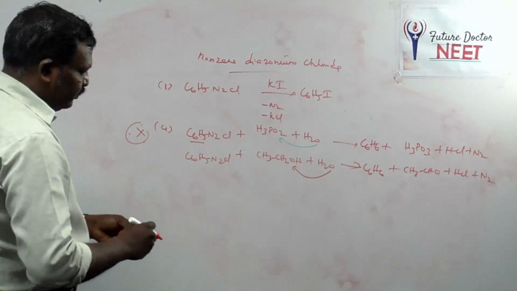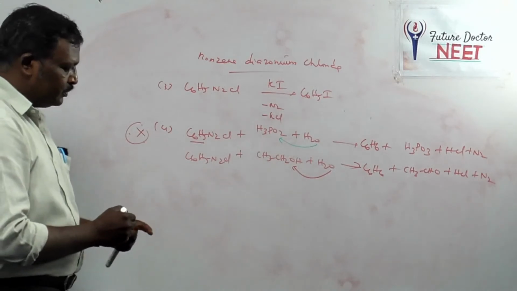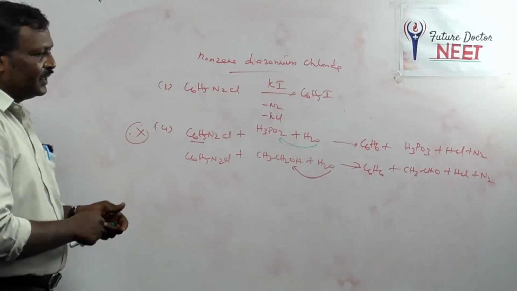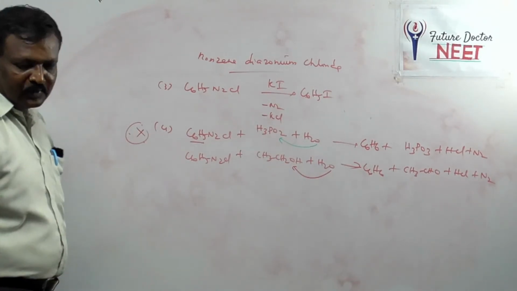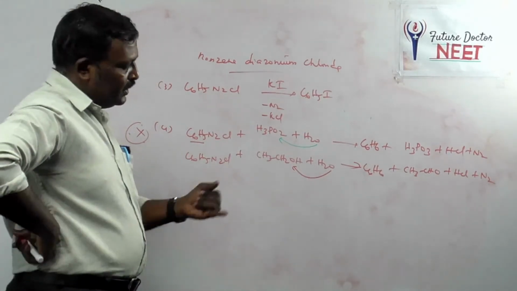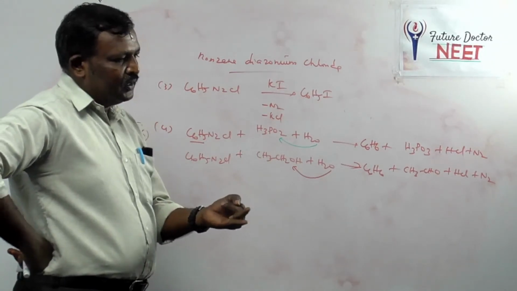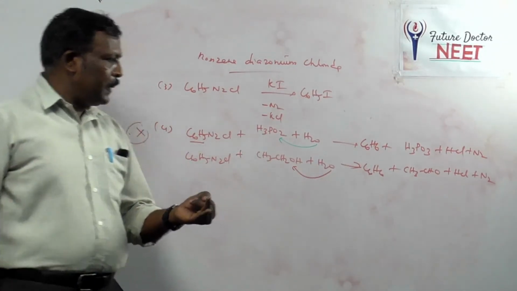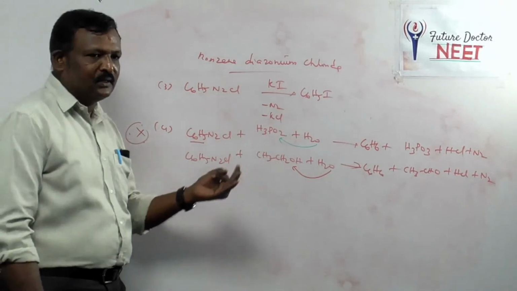Copy them. Name of the reaction? There is no name for this reaction. It's not a naming reaction, but it is important. Sandmeyer reaction and Gattermann reaction we have, then the coupling reaction is the last one.